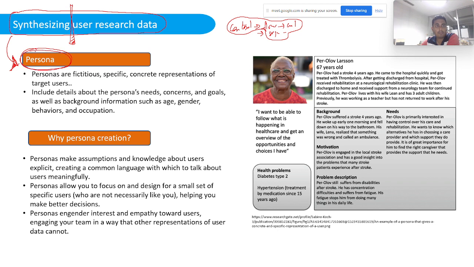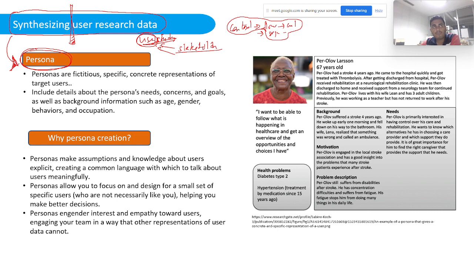One of the very important things is persona creation. When we do a user study, it involves the user. By user I don't mean only the end user, but all sorts of stakeholders who are part of a particular context or scenario. When you do a user study, you want to collect information about various requirements and problems they face.